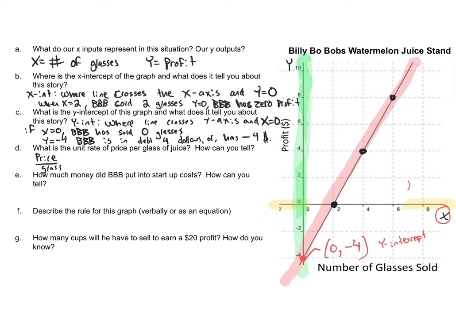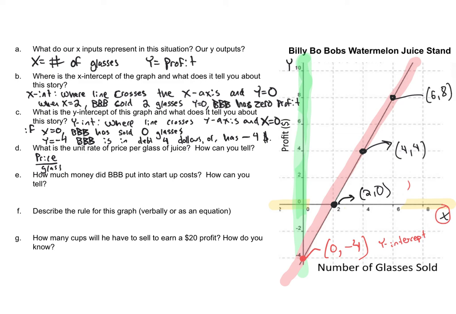So at this point, our x-intercept, we know that that is the point 2, 0. This point, we know that that is the point 4, 4. This point, we know that is the point 6 and 8.